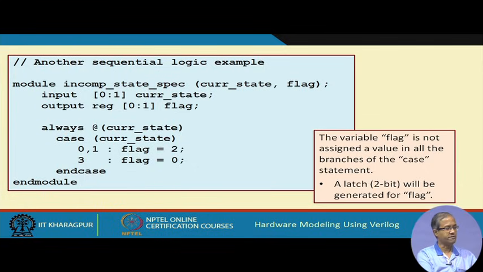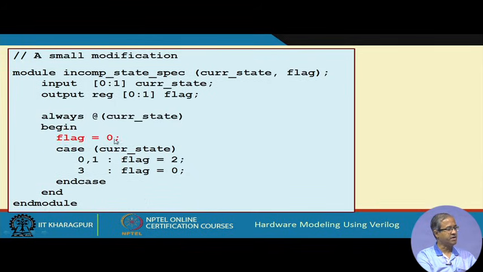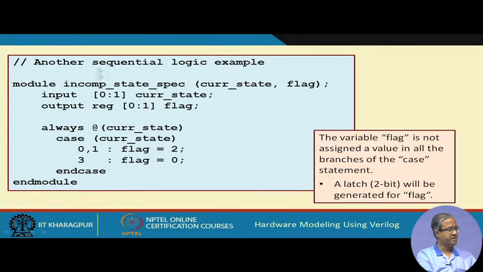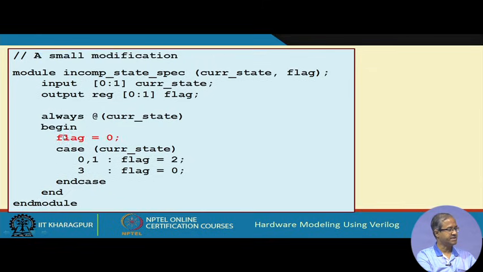So, how can I modify it? I can make a small change in my description, I can just add one line here, the remaining part is identical, just one line before the case. Now, there are two statements, that is why I have given a begin end, flag 0.